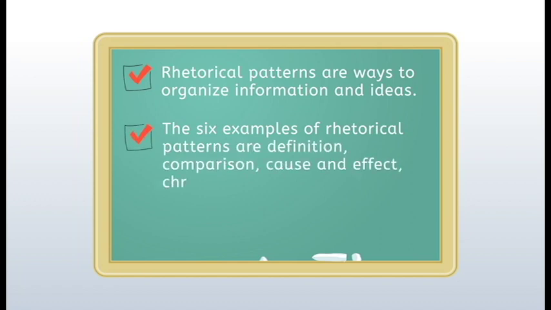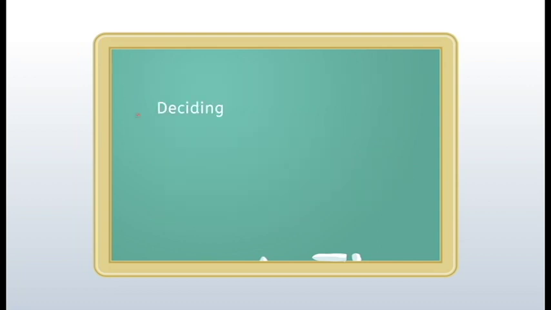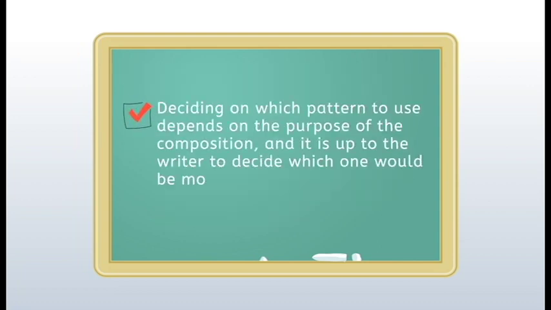The 6 examples of rhetorical patterns are definition, comparison, cause and effect, chronological order, decreasing importance, and developing through examples. Deciding on which pattern to use depends on the purpose of the composition, and it is up to the writer to decide which one would be most effective.